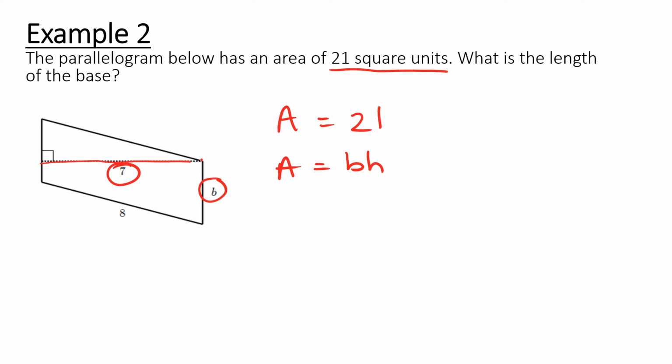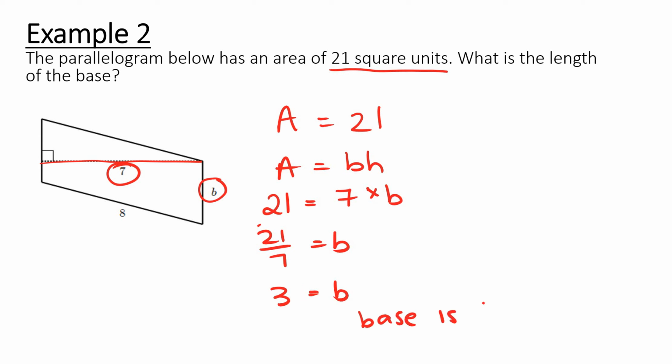Again, we're looking for the perpendicular height, the distance perpendicular from the base to the top. So if we fill in what we know, the area is 21, the base is what we're trying to find out, and the height is 7. So 21 is equal to 7 times base. To work out the base, we just divide 21 by 7, which is 3. So in this case, the base is 3 units.